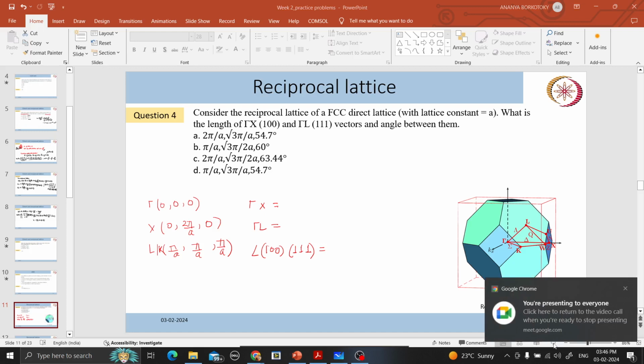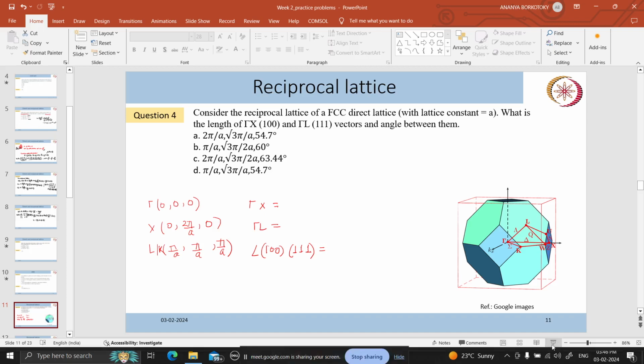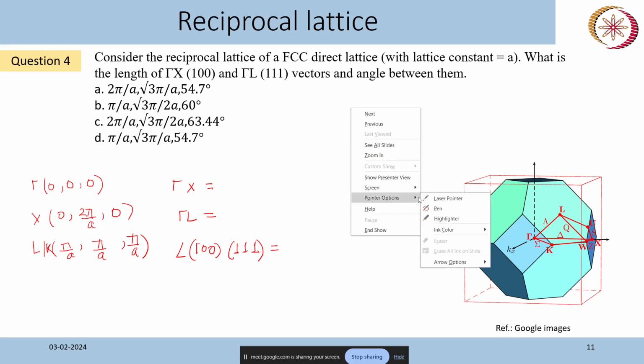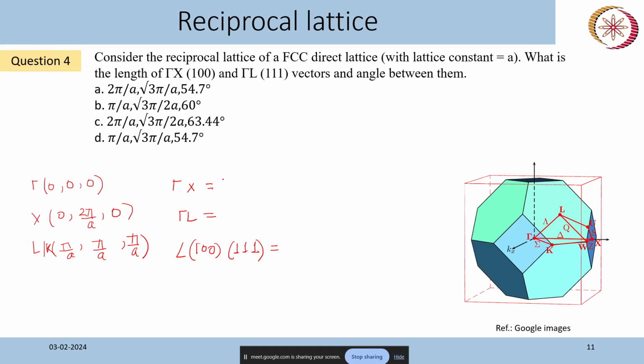Okay. So anybody got the answer? The coordinates are given here, gamma and X. So it is like calculating the distance between two points, right?